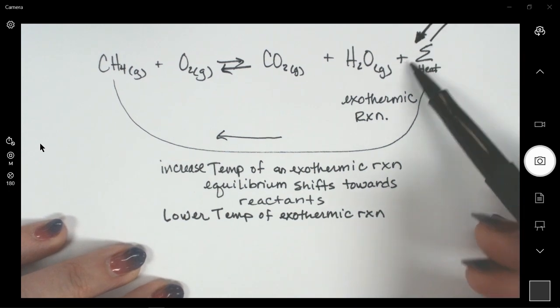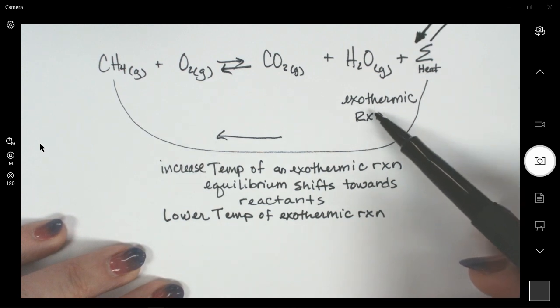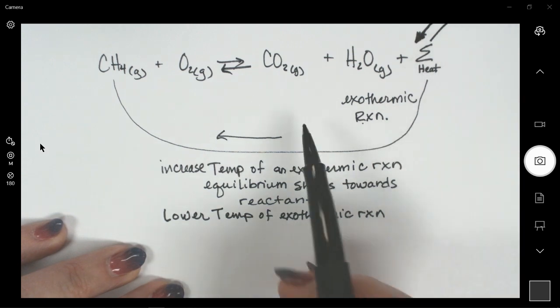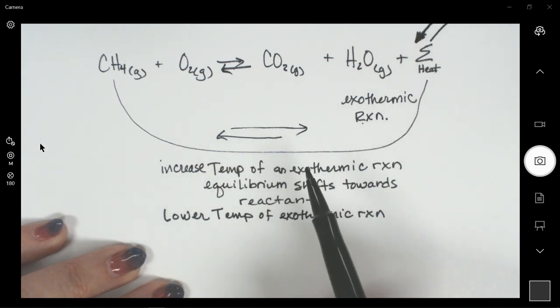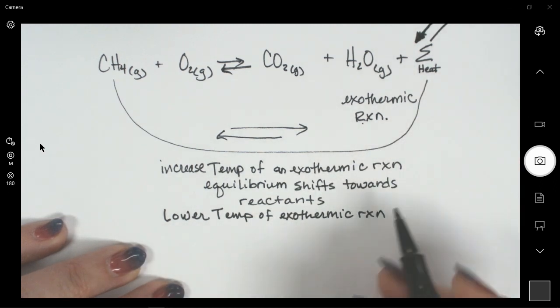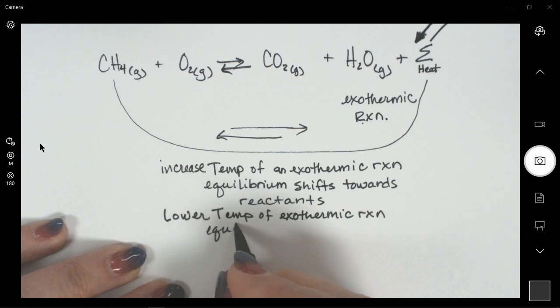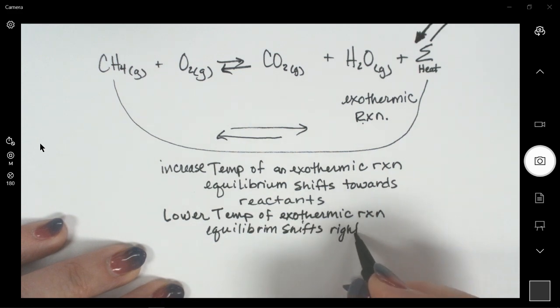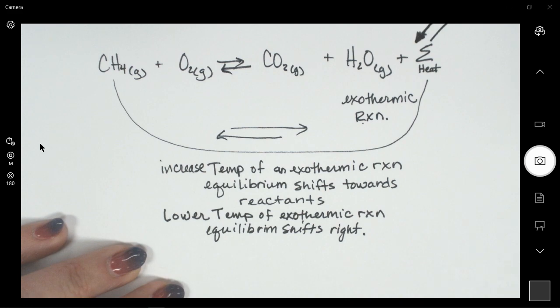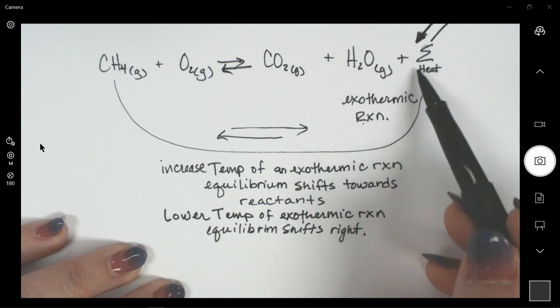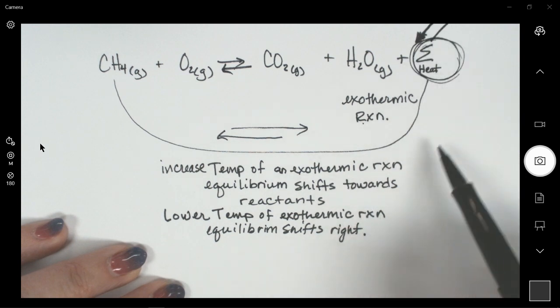I lower the temperature. It's like dipping a French fry into this side of the ketchup and removing some. So it's going to shift towards the product, right? So if I lower the temperature of an exothermic reaction, the equilibrium shifts right. Now this is an exothermic reaction, which tells us that our heat is on the product side.